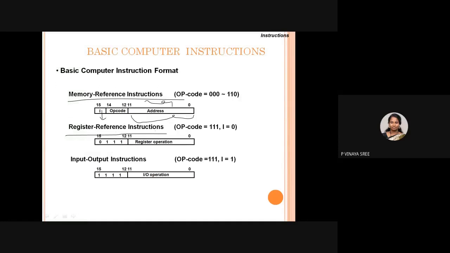Now register reference instructions. In register reference instructions, there are only a few registers, so we will not have any address. Memory is huge, so to go to a particular instruction you need to specify an address, whereas registers are only a few, so we do not give any address for registers.